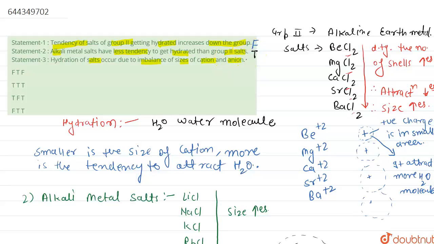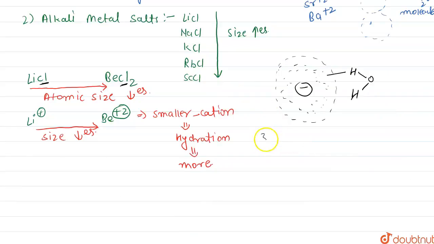Now we'll move to statement third, that the hydration of salts occurs due to imbalance in size of cation and anion. We know that the size of the cation should be small. If the size of the cation is small, hydration will be more.